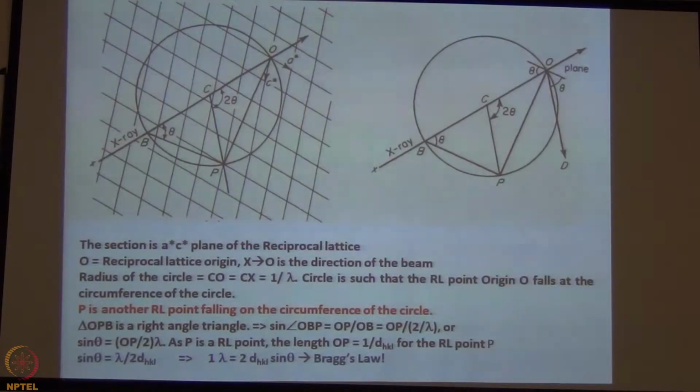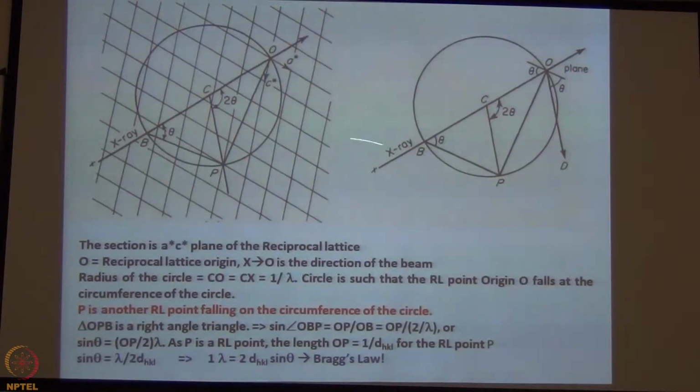Now if we look at the particular triangle OPB, this is a right angle triangle. If this is theta, that angle is also theta. Now let us see what is sine OBP. Sine OBP is OP by OB.